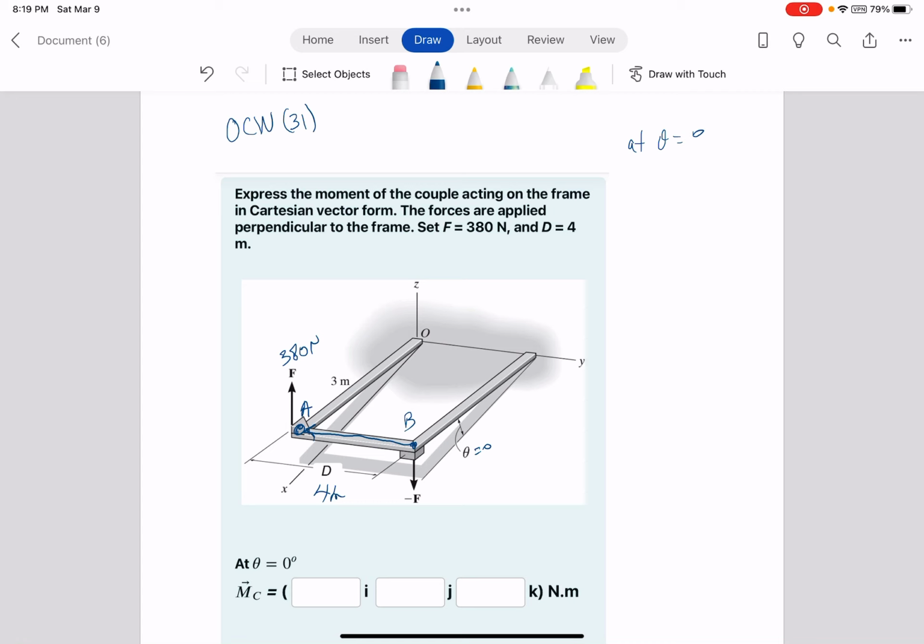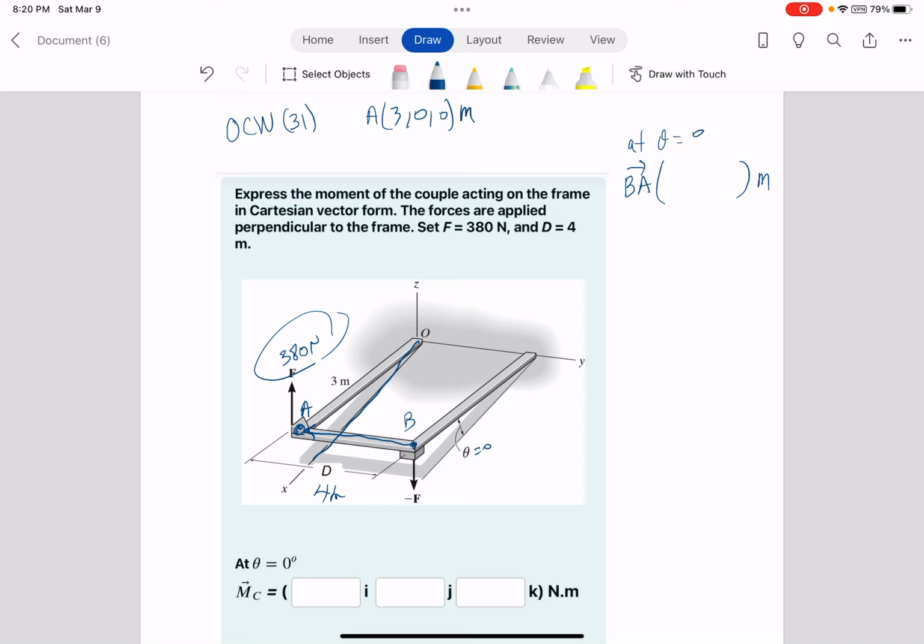You could do it the other way and use this force, but I'm going to go from B to A. So what is the coordinate A? When the angle is 0, it will be 3 meters in the x. So A is 3, 0, 0 meter.